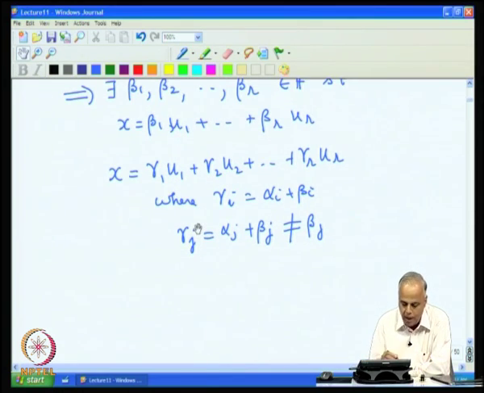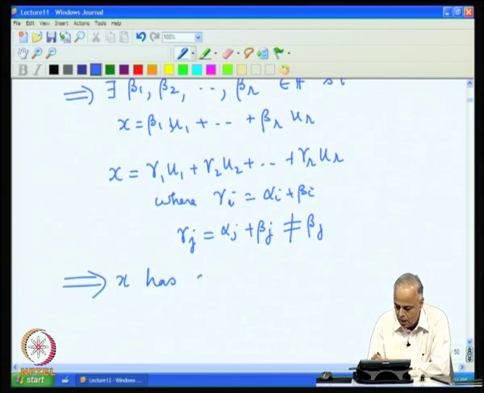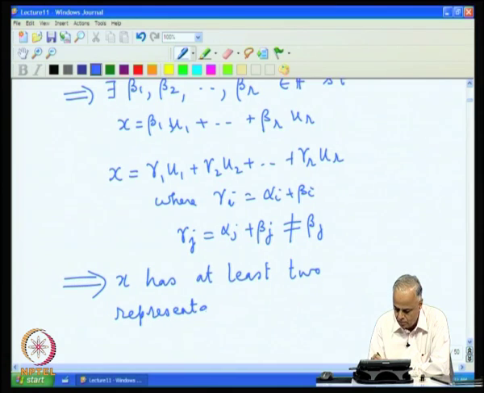This means x has at least two representations as a linear combination of the S vectors.